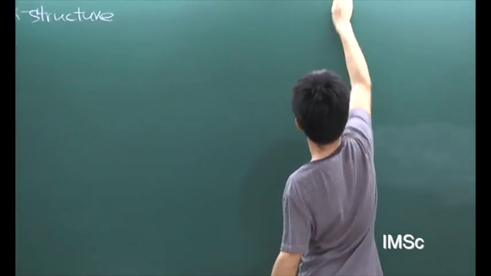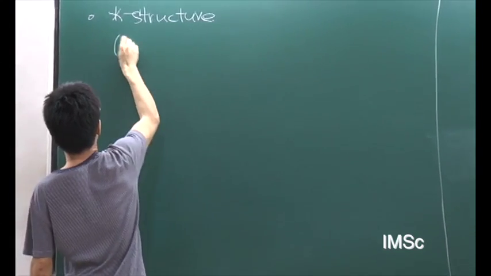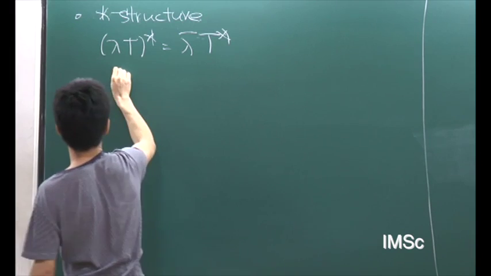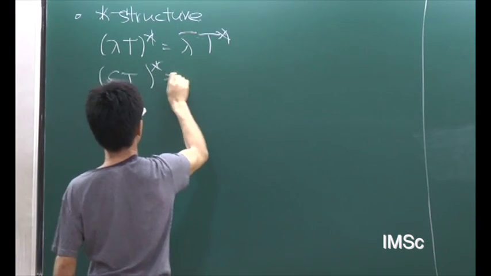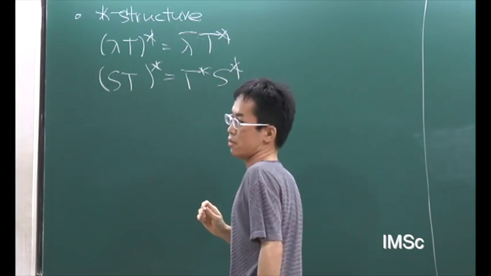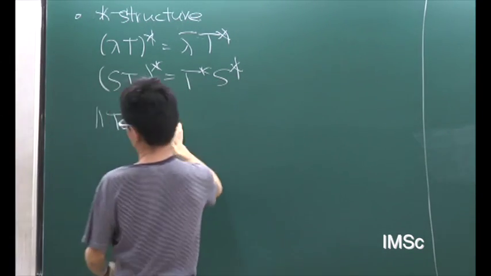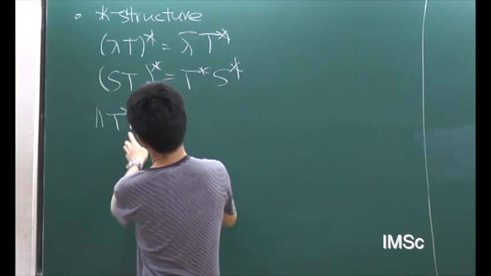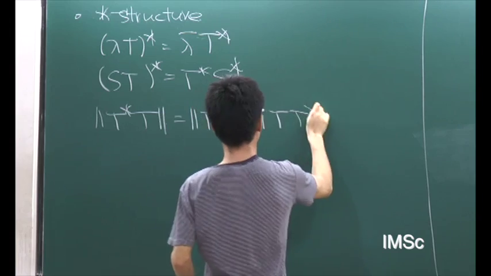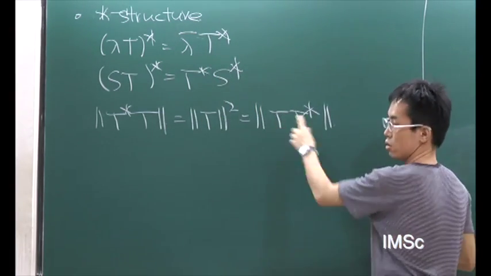So (λT)* is λ-bar T*, and (ST)* is T*S*, and satisfying the C-star identity: the norm of T*T has to be the square of the norm of T, and also it's an isometry, so you get this identity also.